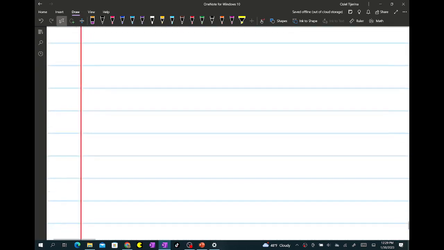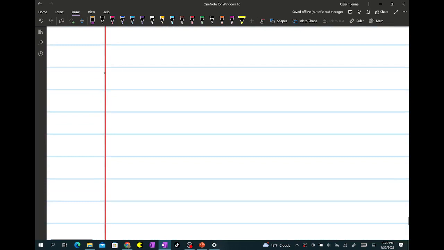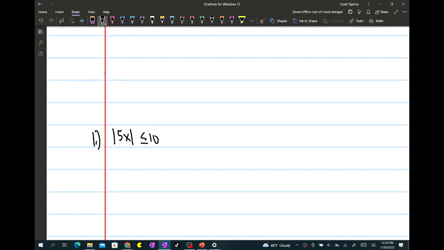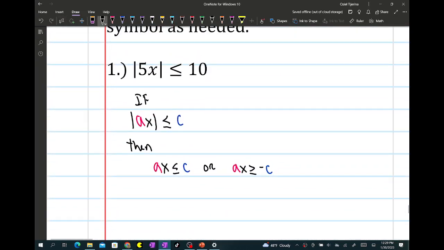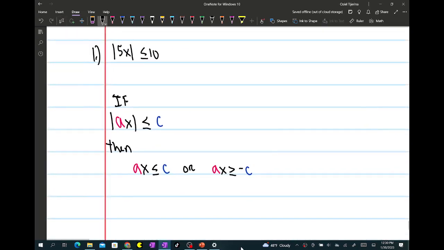Let me write it down again. Number one, the absolute value of 5x is less than or equal to 10. So this is the rule, and this is the problem, right?